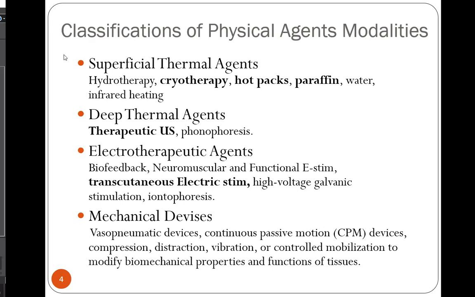Another example is compression and distraction, such as traction devices, and vibration, the use of vibrators to affect scar tissue. Controlled mobilization to modify biomechanical properties and function of the tissue is the function of those mechanical devices.